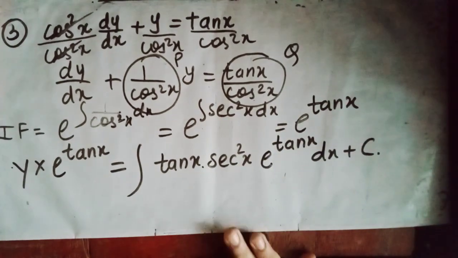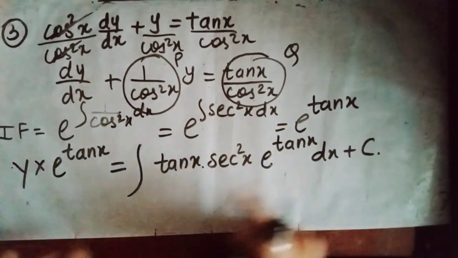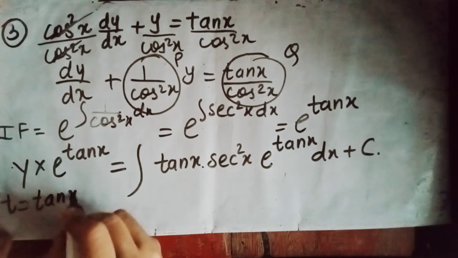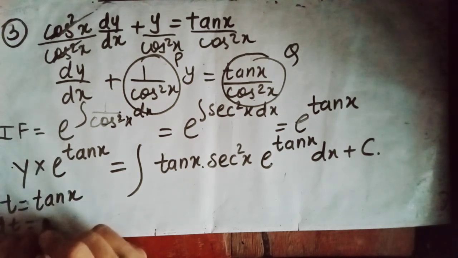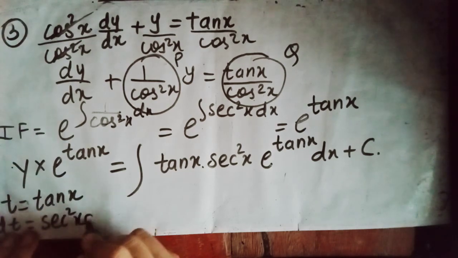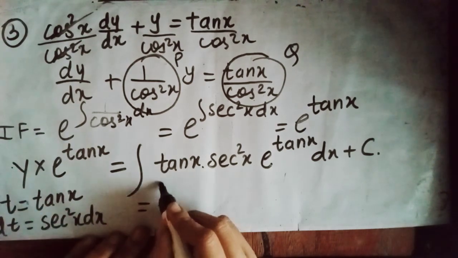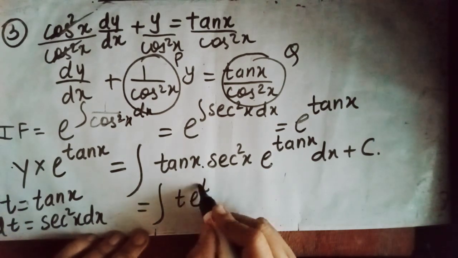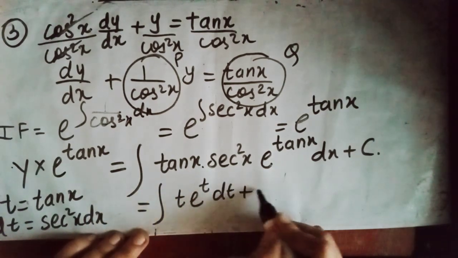Okay, here you can take tan x as t. So your dt becomes the derivative, sec square x dx. So this term will be t e raised to t dt plus c.